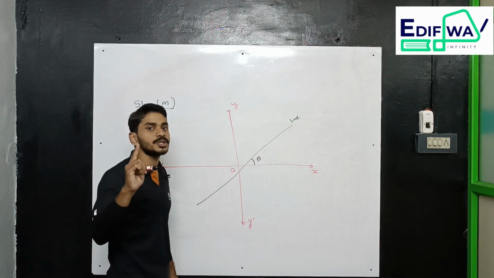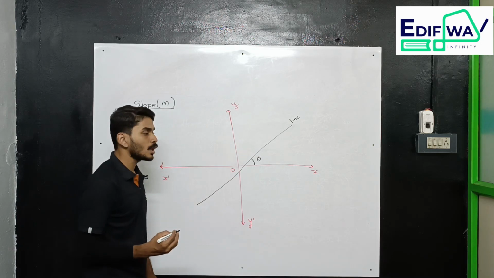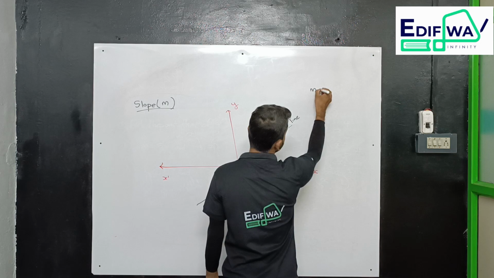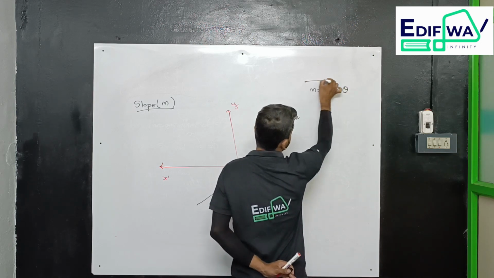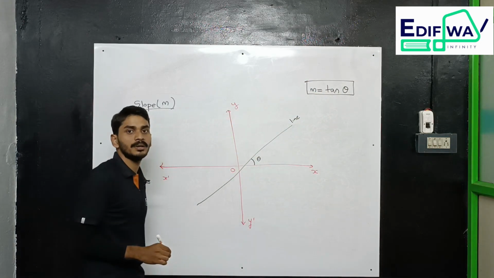It is very important to say positive x-axis. So M is equal to tan theta. This is the equation for slope.